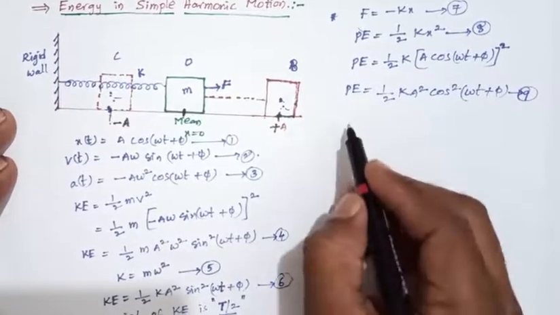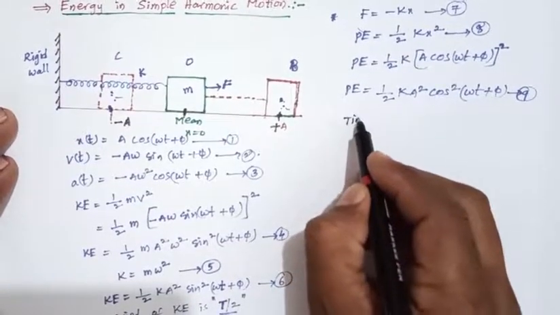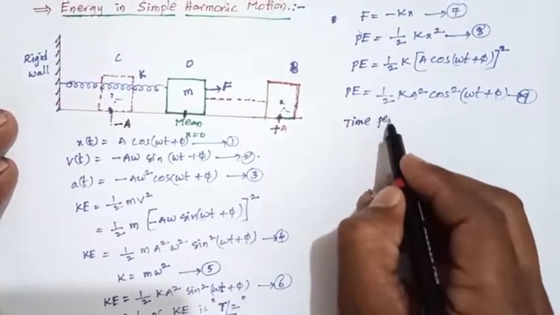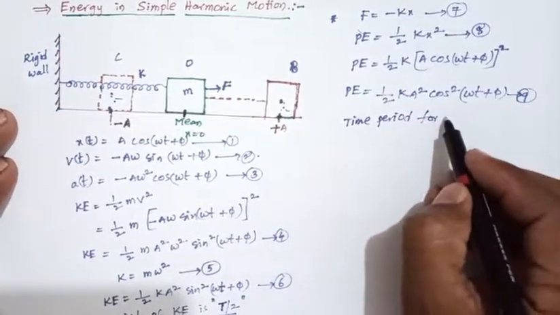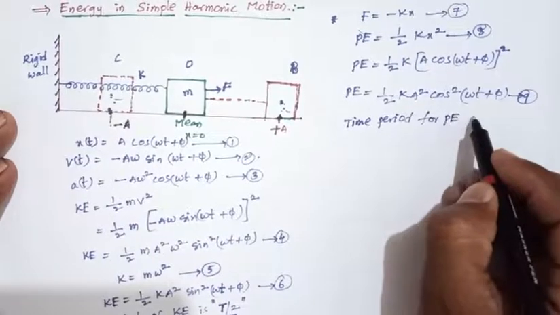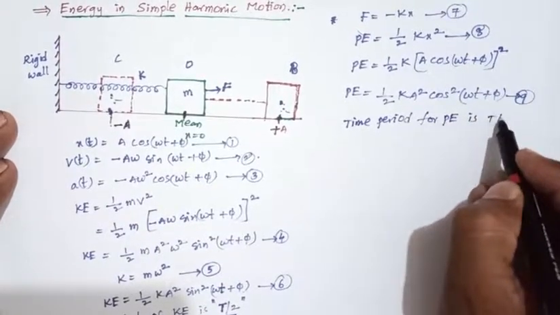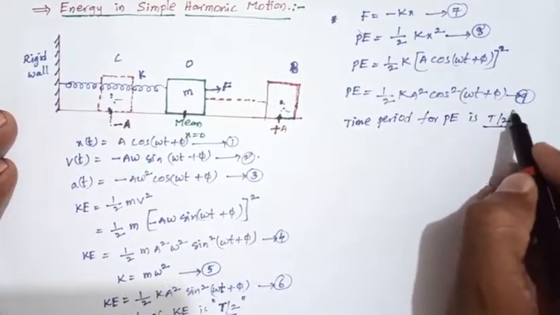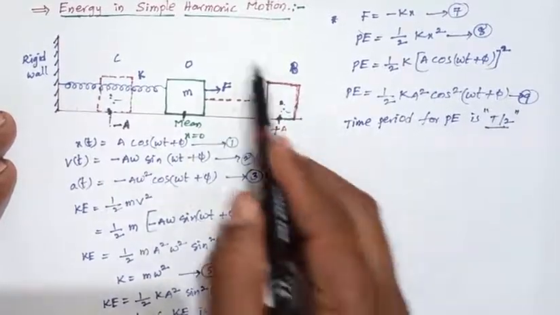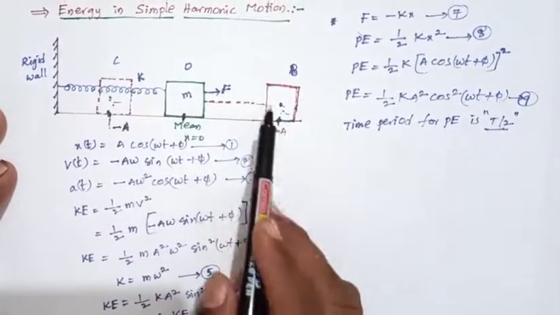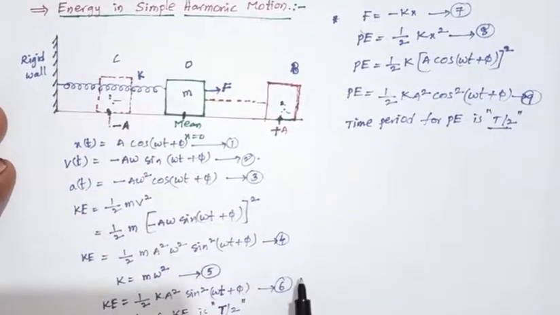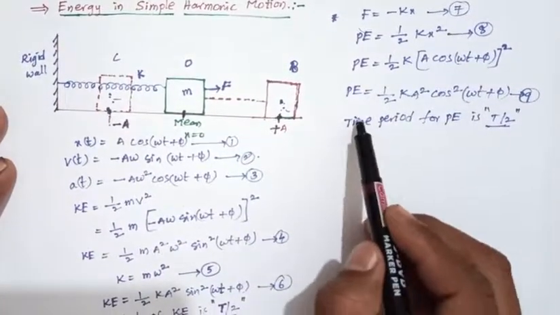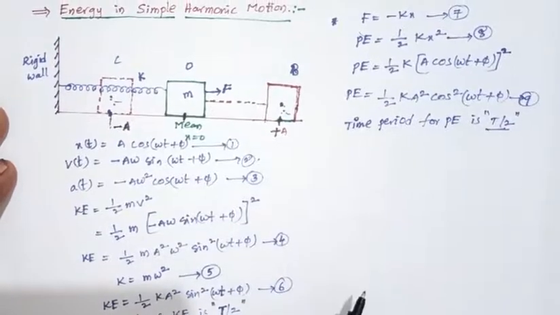Then the time period for potential energy is also T by 2. It changes from maximum to minimum and minimum to maximum in half the time period.